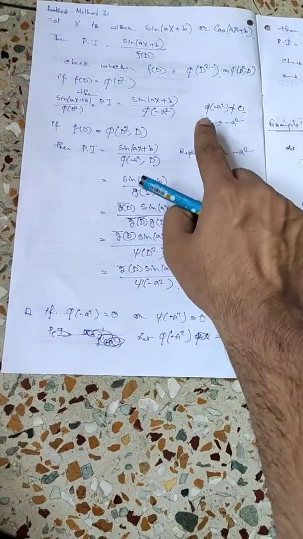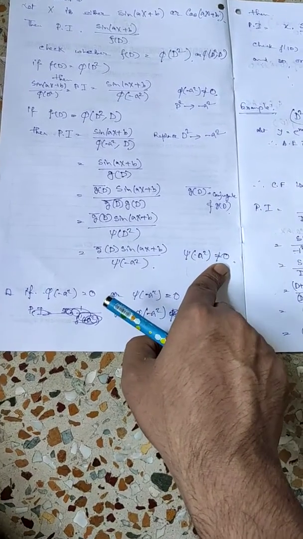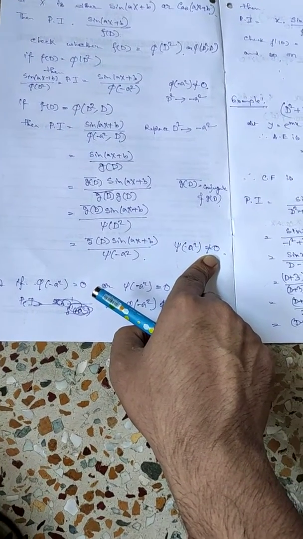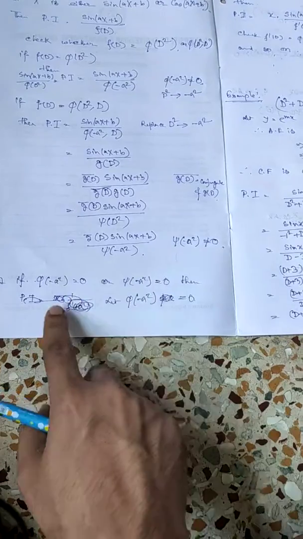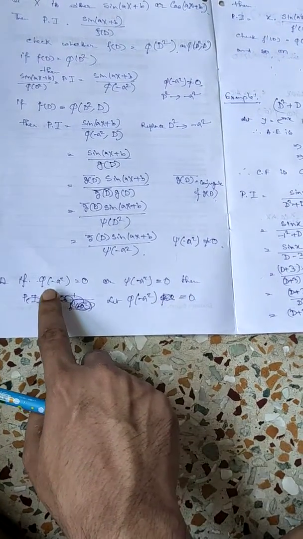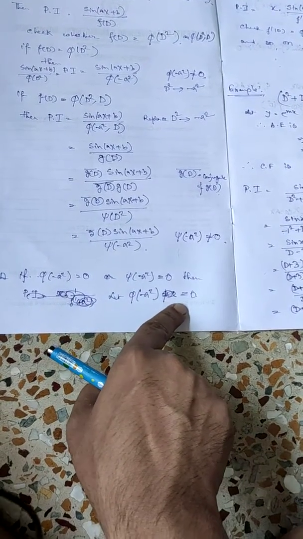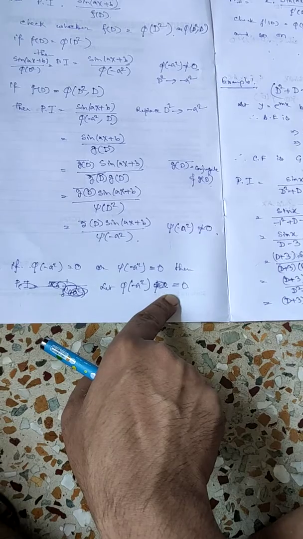Now, what if this is equal to 0? In this case, how will you go ahead? Suppose, for the sake of argument, we consider phi of minus a square equal to 0. Then how will you proceed?